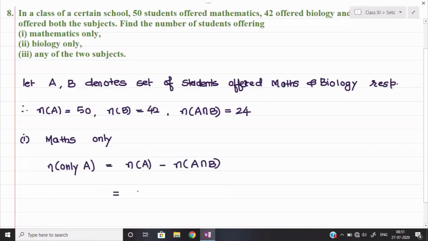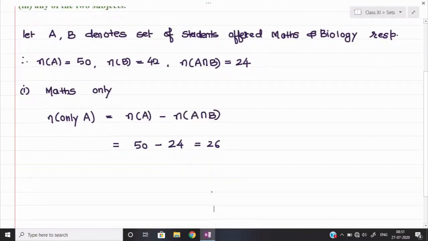So in the same way, we shall put up the values here, 50 minus 24. So what will remain here? 26. So the value of n of only A will be equal to 26. This is your first answer.